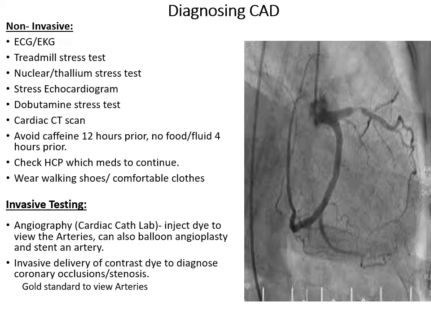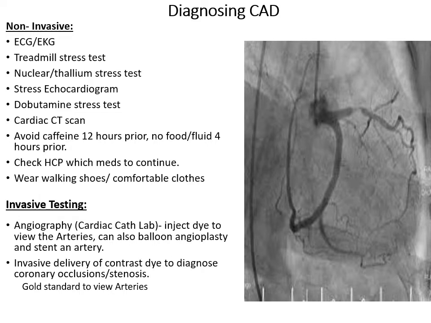The next one is called either a treadmill stress test or an exercise stress test, where we put the electrodes, the leads on you, and we get you to run on an exercise treadmill. As your heart goes faster and faster, we're checking the monitor to see if there's any changes that might indicate ischemia from you having a fast heart rate on the exercise treadmill test.